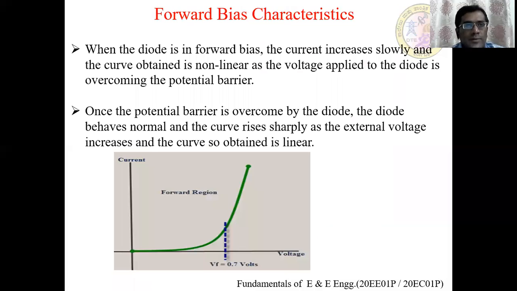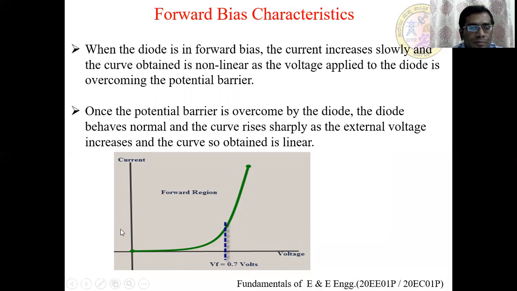Forward bias characteristics. When the diode is in forward bias, the current increases slowly and the curve obtained is non-linear as the voltage applied to the diode is overcoming the potential barrier. Once the potential barrier is overcome, the diode behaves normally and the curve rises sharply as the external voltage increases, and the curve so obtained is linear.